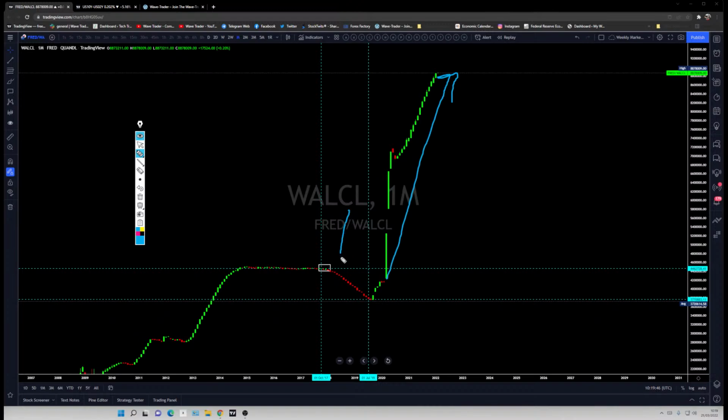The last time they went for QT, quantitative tightening, they were reducing their balance sheet and stopped reinvesting the proceeds they were getting from the bonds, which caused the crash in March 2020.